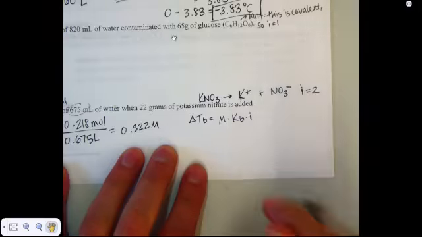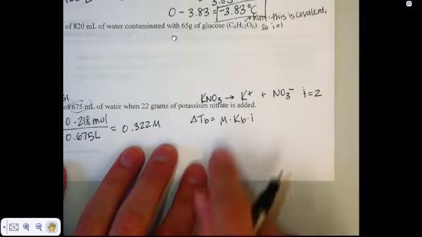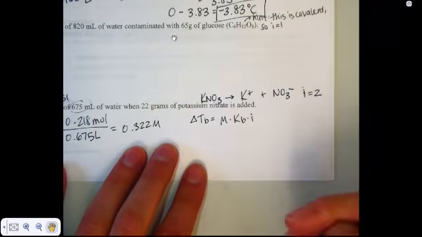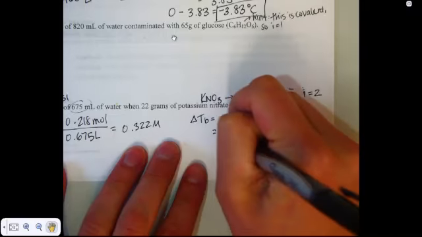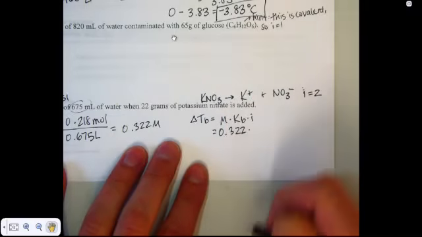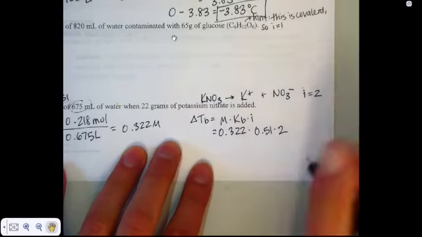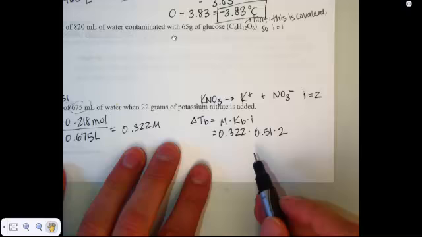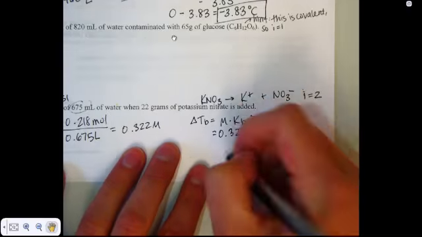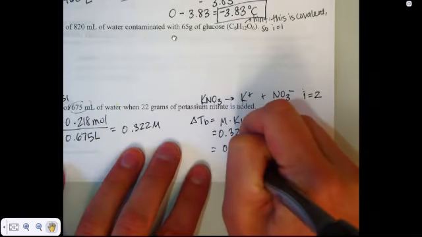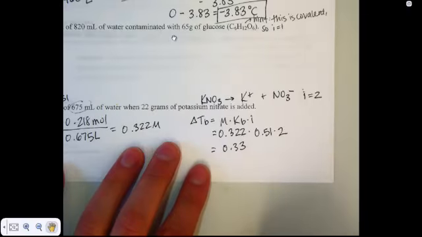The same one whether you're doing boiling or freezing. We just stick a B for boiling instead of an F for freezing. Molarity is 0.322, KB is 0.51, and I is 2. Notice with boiling we don't have any negative signs. This gives you 0.33.